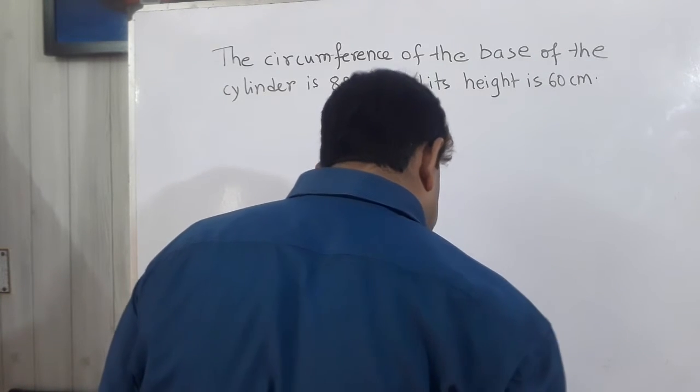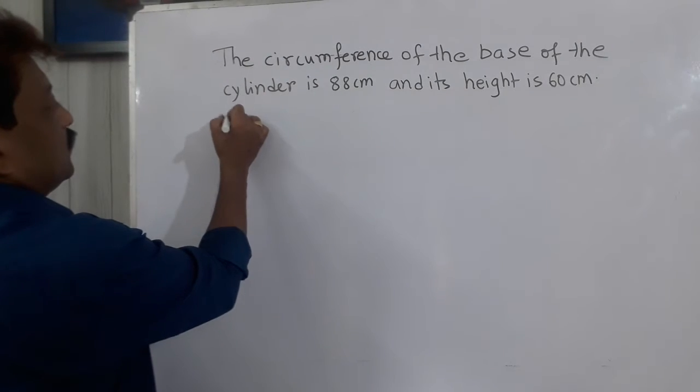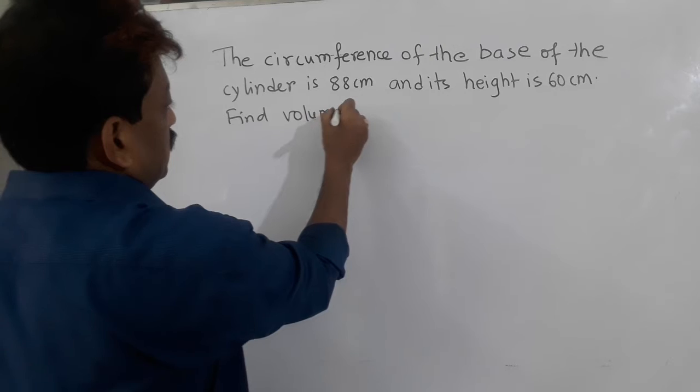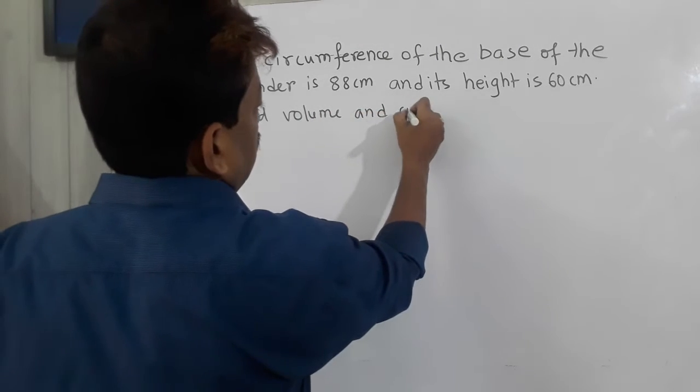Find the volume of the cylinder and the curved surface area.